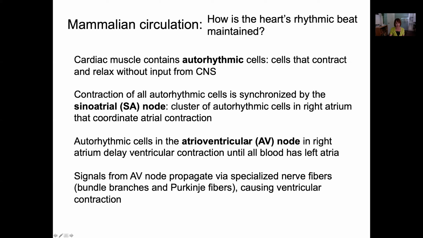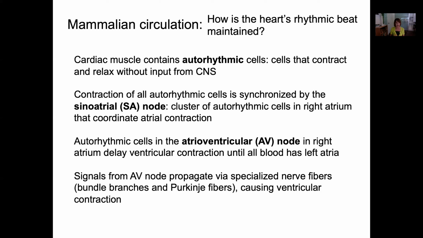And then there's a second node also in the right atrium that causes the electrical activity in the heart to pause very briefly. I mean, it's not like stopping the heart. So what it does is it delays the contraction of the ventricles until all of the blood has left the atria to make circulation more efficient.